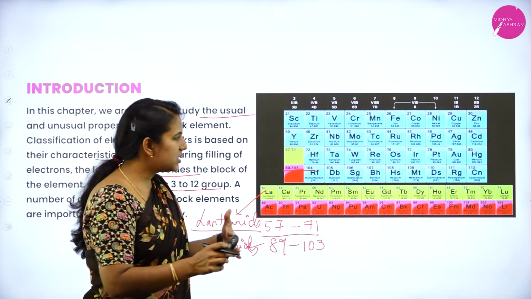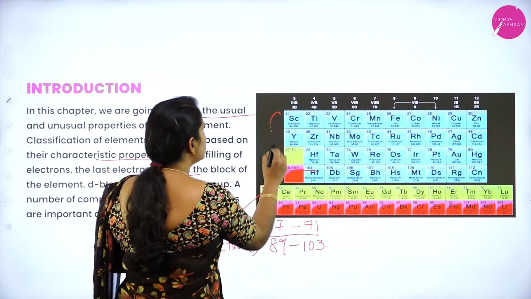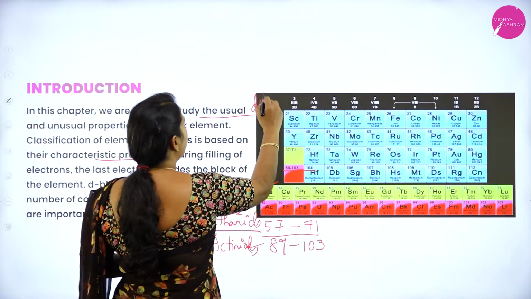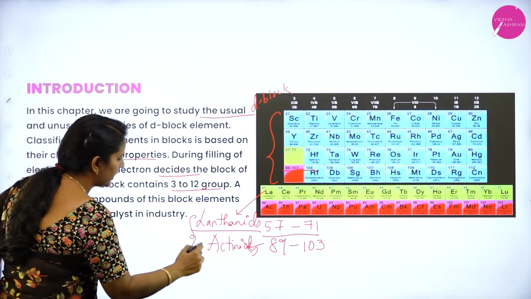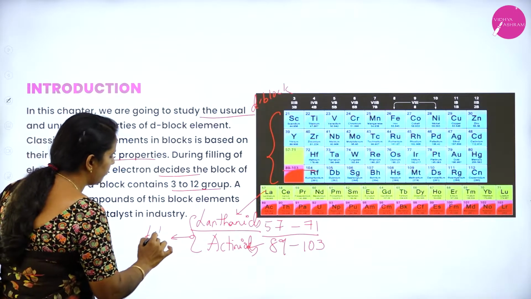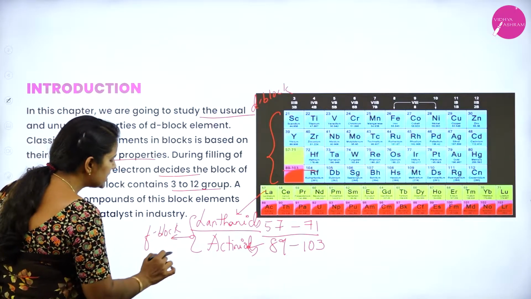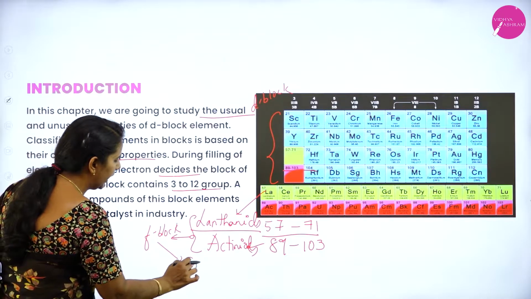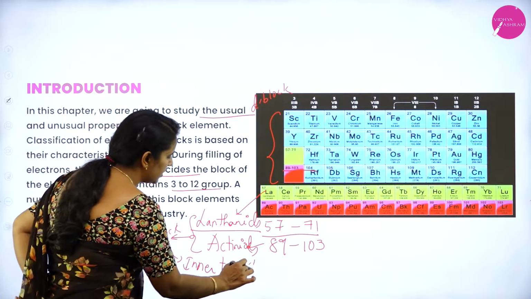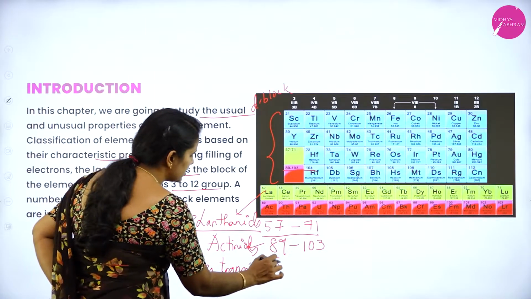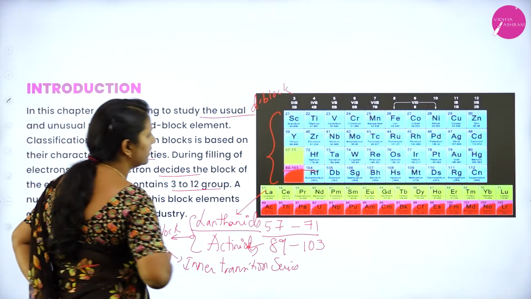This full set of elements is known as the D block. The lanthanides and actinides together are known as the F block. It is also known as the inner transition elements or series.